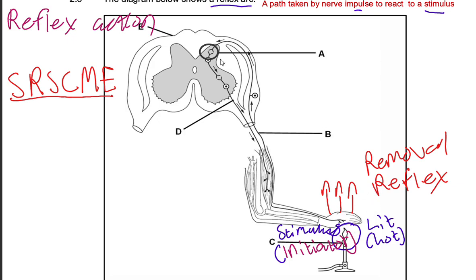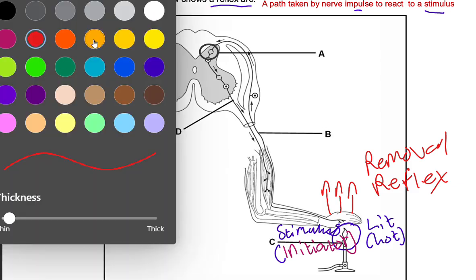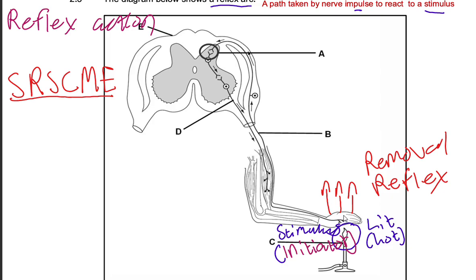Now, looking at this particular line, this structure right over here, that is what we call a sensory neuron. This sensory neuron is labeled as B. That is our sensory neuron.